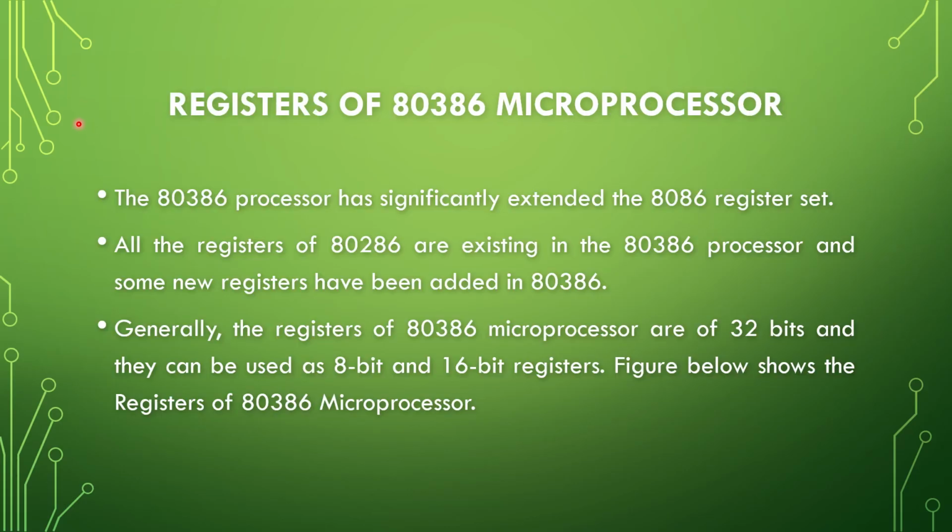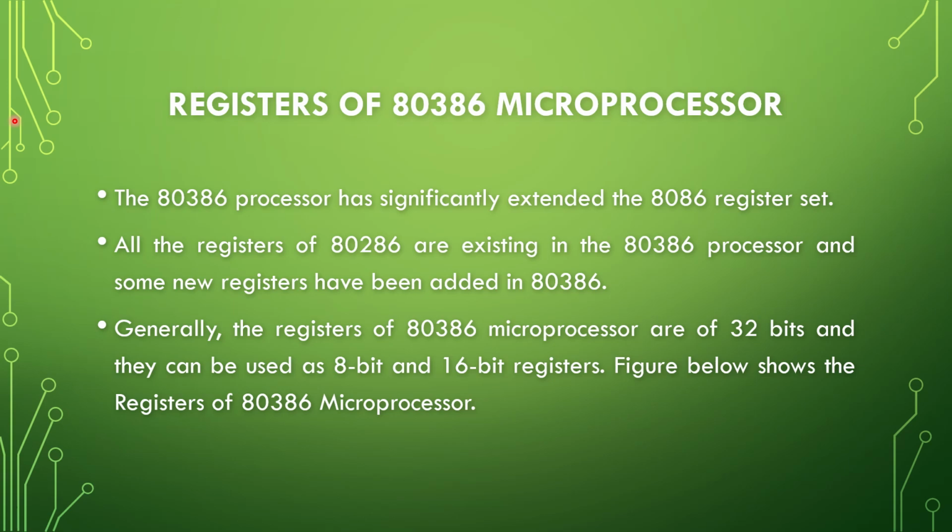So the next topic is that we need to understand the various registers of the 80386 microprocessor. We know that 8086 has certain registers, and in the case of 80386 we already understood it's the extended version of 8086 and 80286.